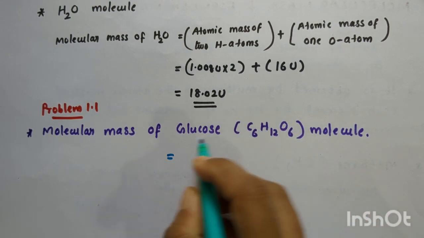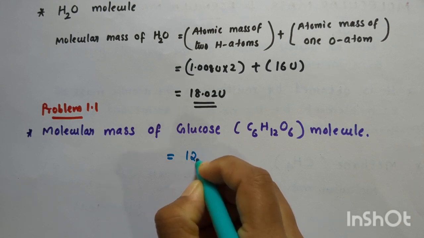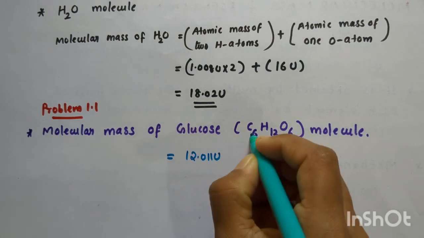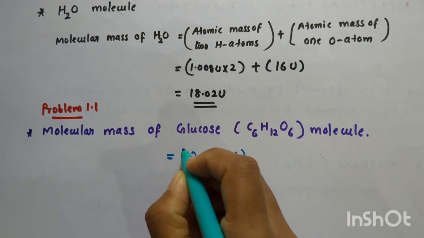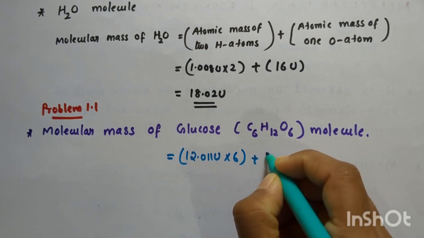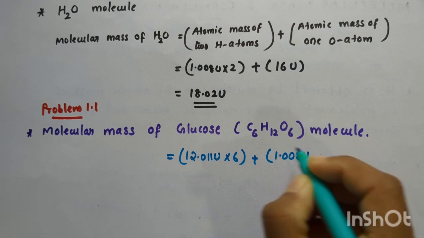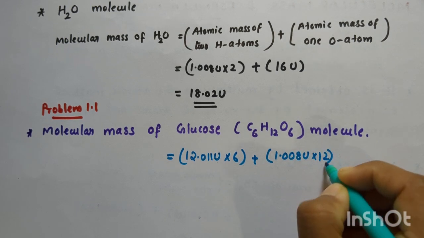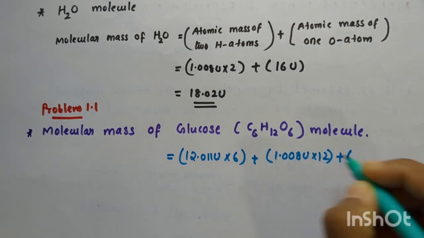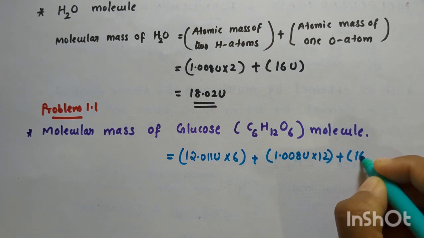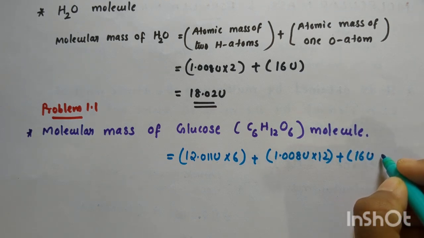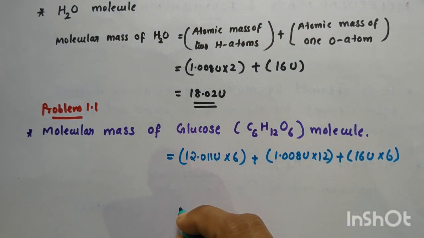The atomic mass of 1 carbon atom is 12.011 u. There are 6 carbon atoms, so times 6. Plus the atomic mass of 1 hydrogen atom is 1.008 u. There are 12 hydrogen atoms, so times 12. Plus the atomic mass of 1 oxygen atom is 16 u. There are 6 oxygen atoms, so times 6.